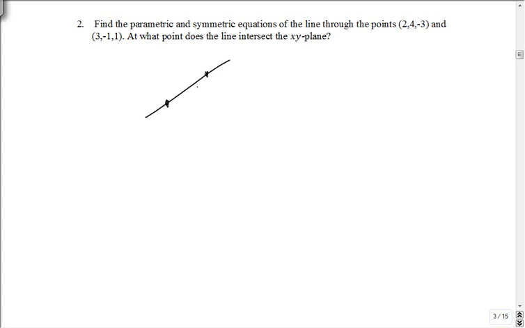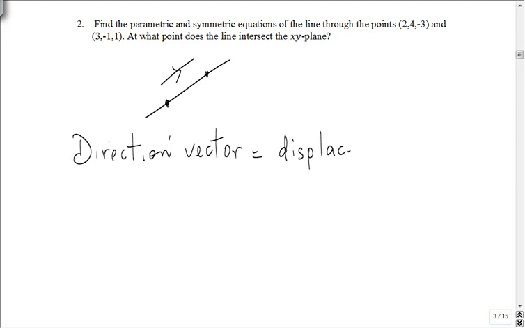All right, so we already have a point on the line. What else do we need to find the equation of the line? Tell me. Direction vector. We need the direction vector. So the direction vector is going to be your displacement vector. You remember how we do that? You subtract the 2 points, and that will give you the displacement vector. So the direction vector is equal to the displacement vector, and let's find it.